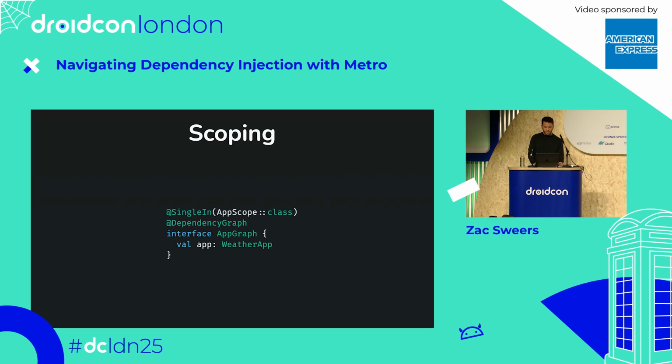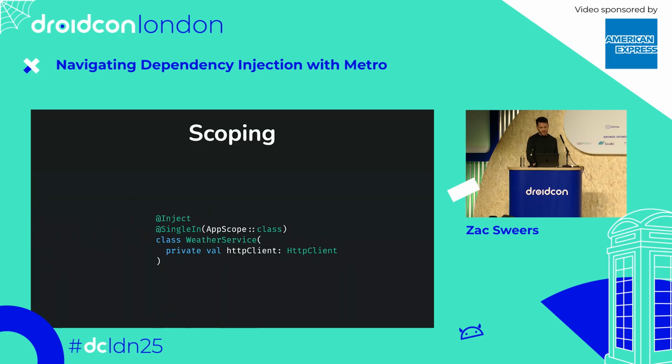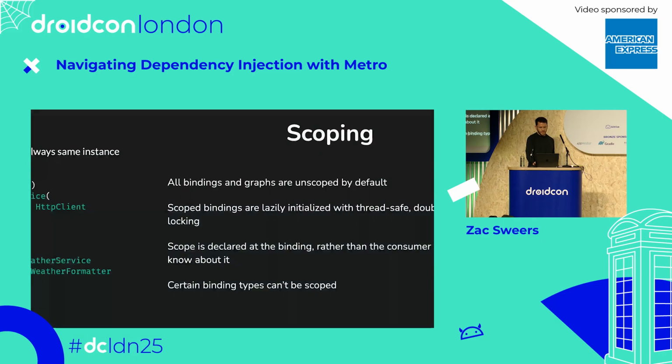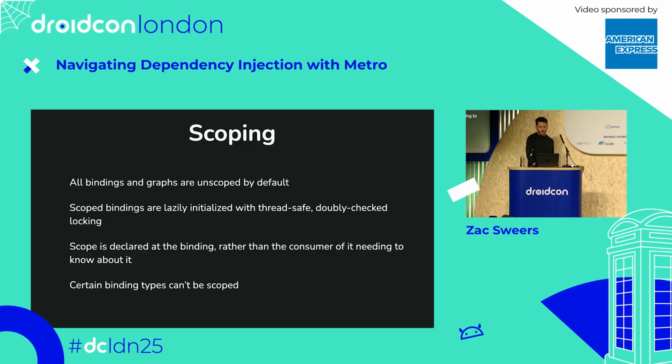Going back to our example, scoping the weather service, like we needed before, is now actually just as easy as adding a scope annotation directly onto our class. The scopes are a single instance within the lifetime of the app graph, and anything in the app graph or its extensions will always get the same lazily initialized instance of our weather service. So, like Dagger, all bindings and graphs are unscoped by default.